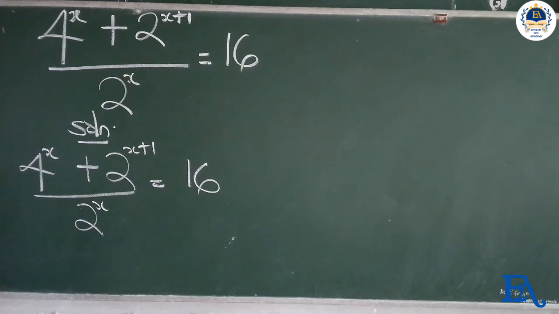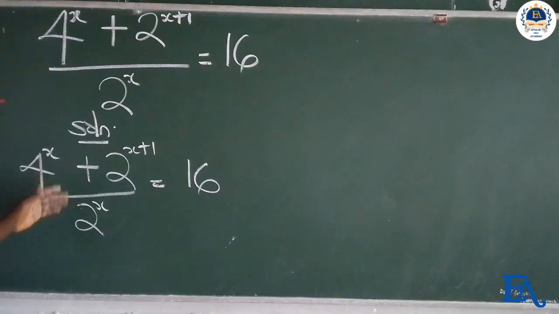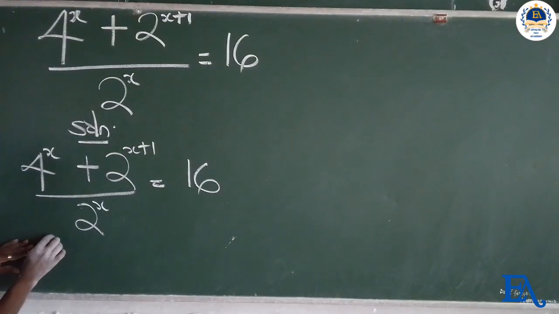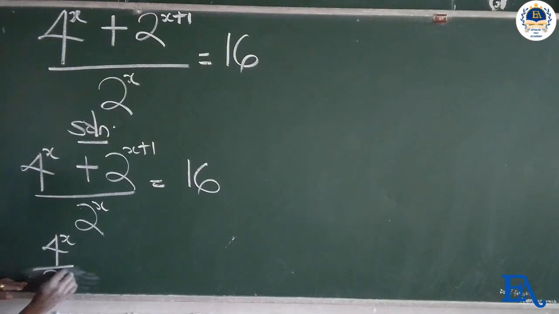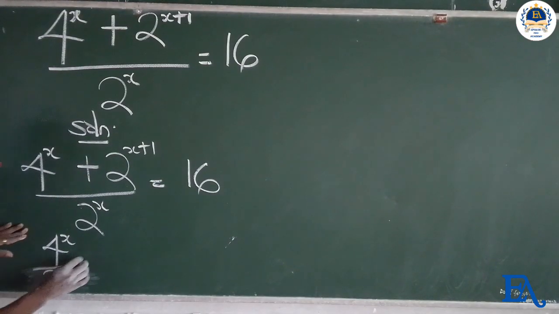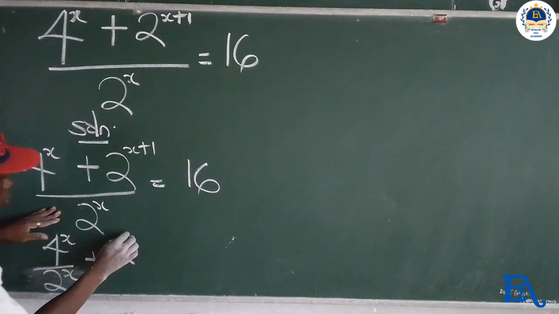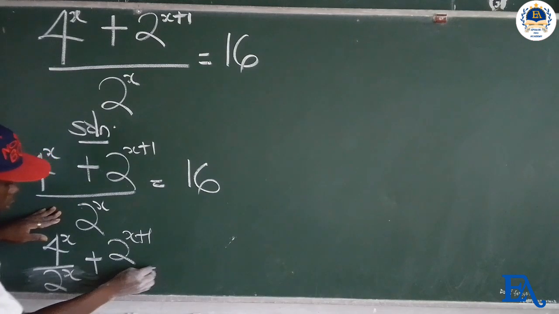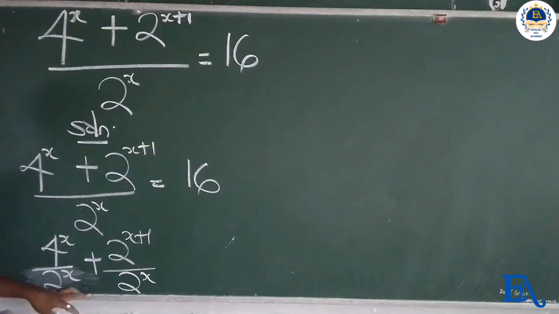Now, applying the division distribution rules to this, it will become 4 raised to the power of x all divided by 2 raised to the power of x, plus 2 raised to the power of x plus 1 all divided by 2 raised to the power of x.